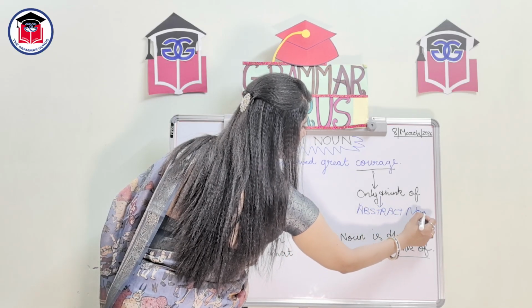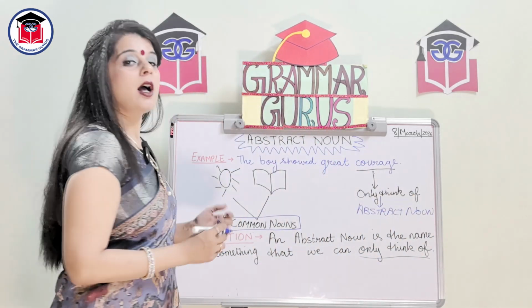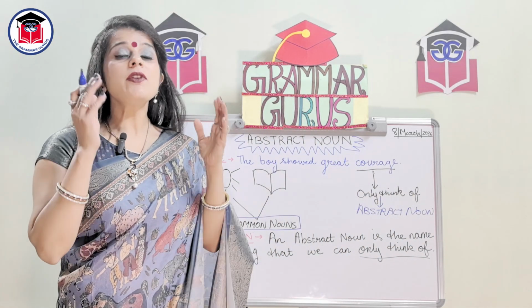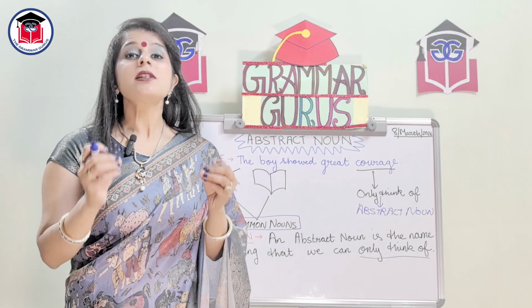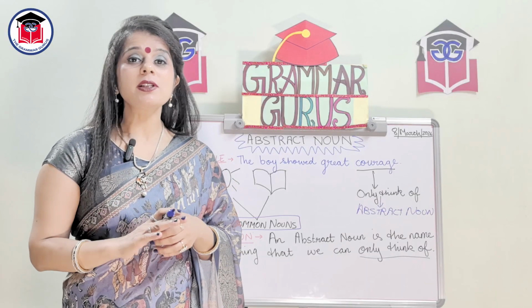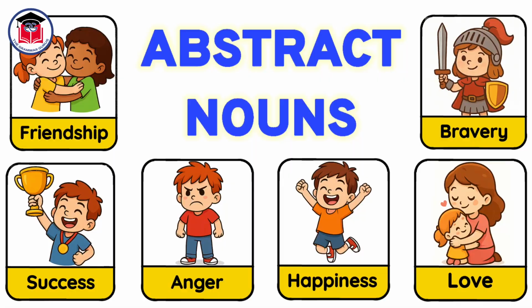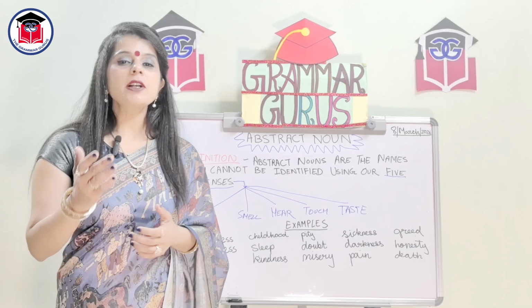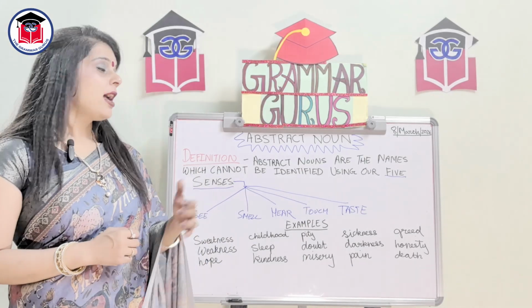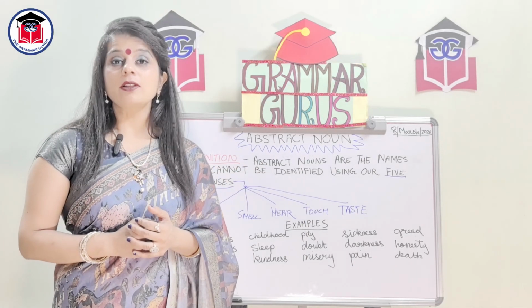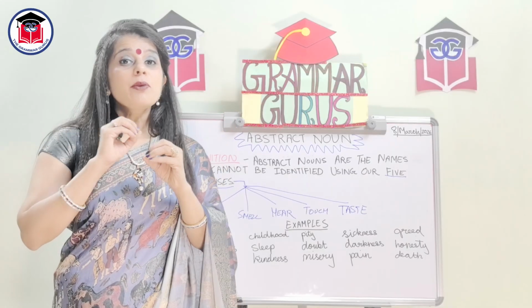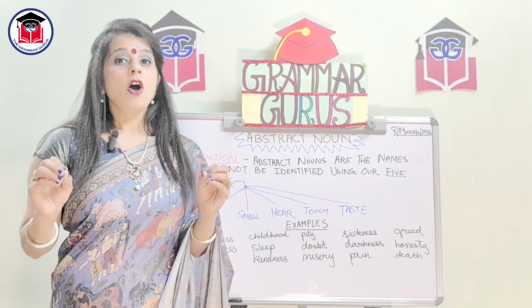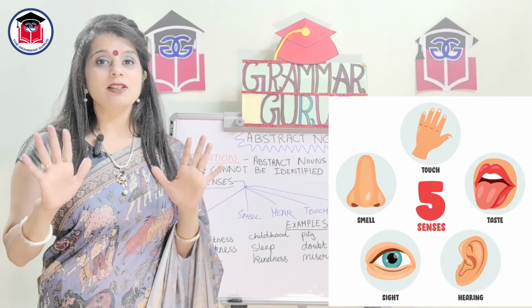So, friends and viewers, remember, the nouns that we can only think of and we cannot see or touch, such nouns or such names are called abstract nouns. Hence, coming to the definition of abstract nouns. Abstract nouns are the nouns or the names which we can only think of and we cannot perceive them using our five sense organs.